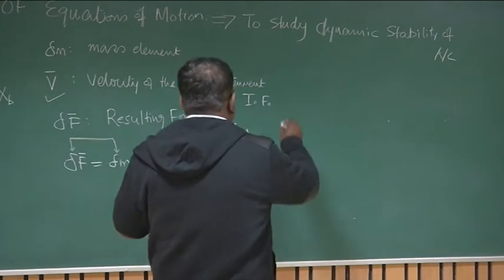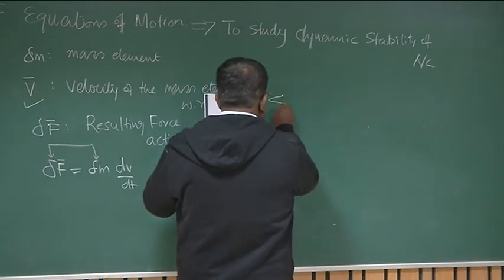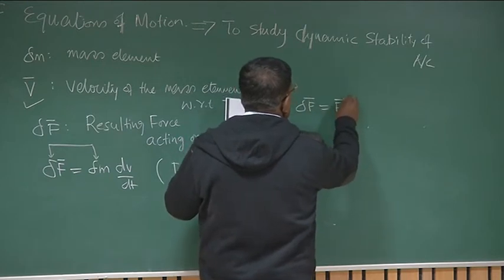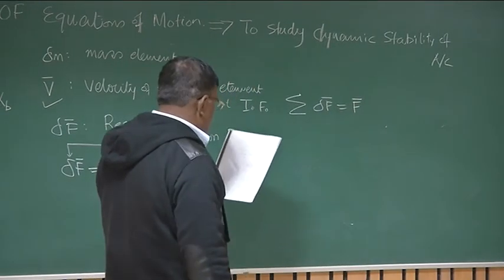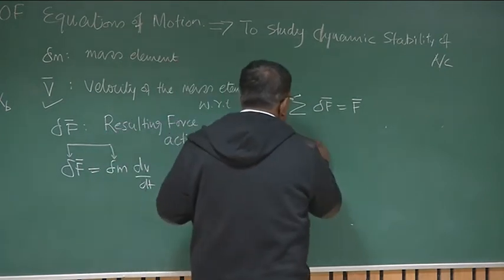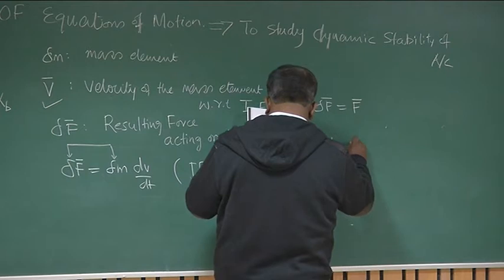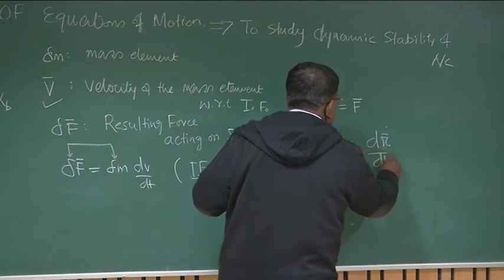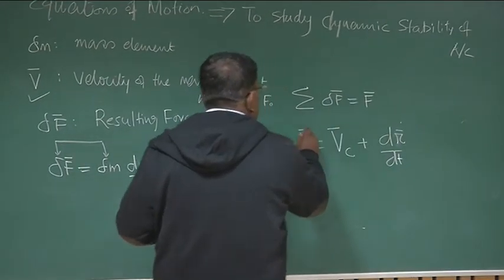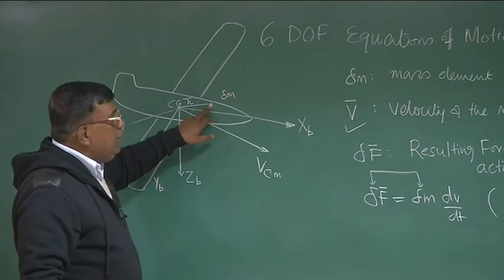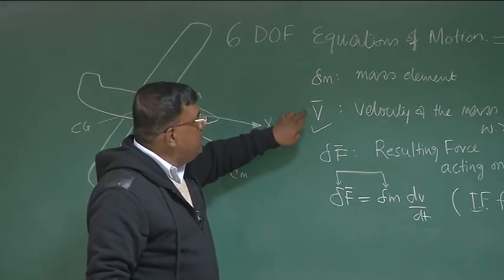Now, let me write this: summation of delta F is F, the total force, vectorially added, and we know that V equals V center of mass plus dr by dt. No problem. The velocity of this particle v is important for us here.